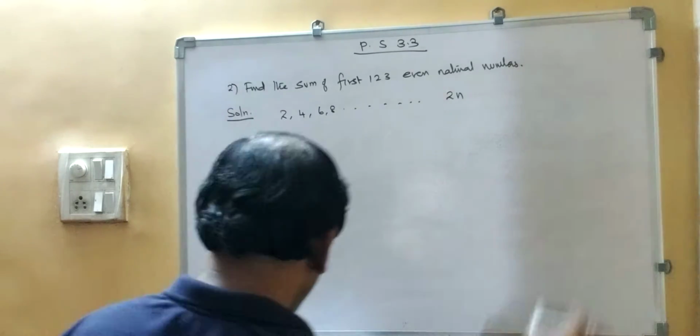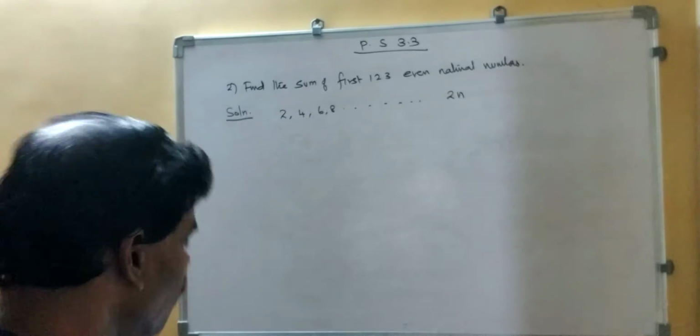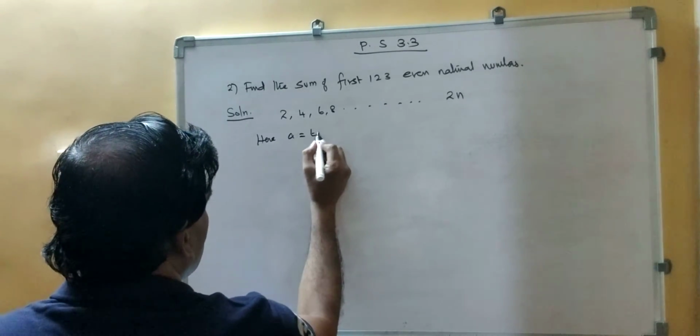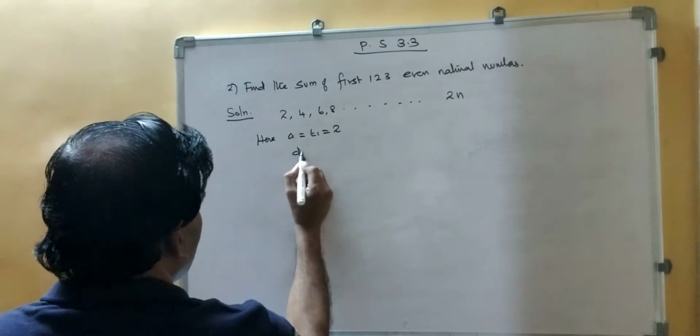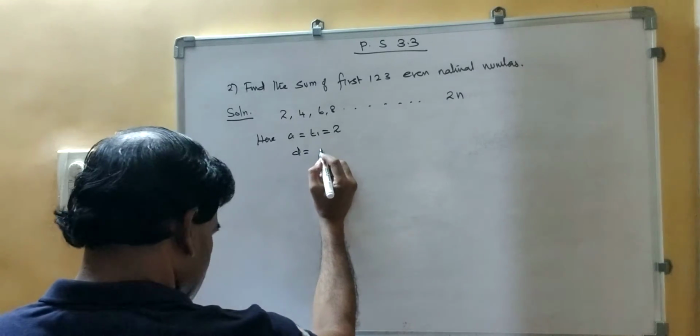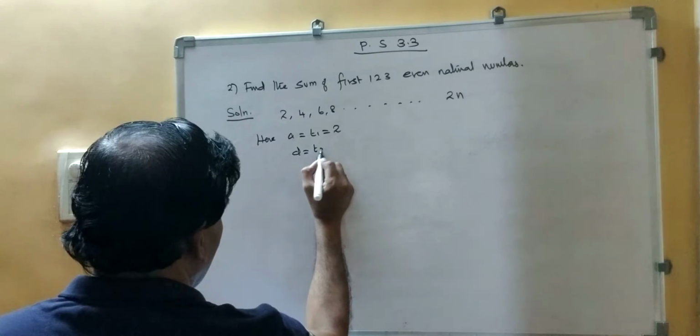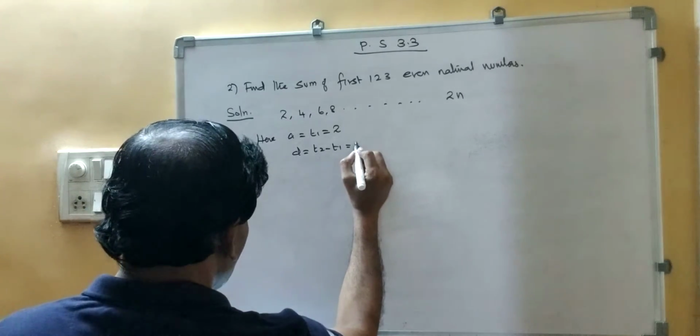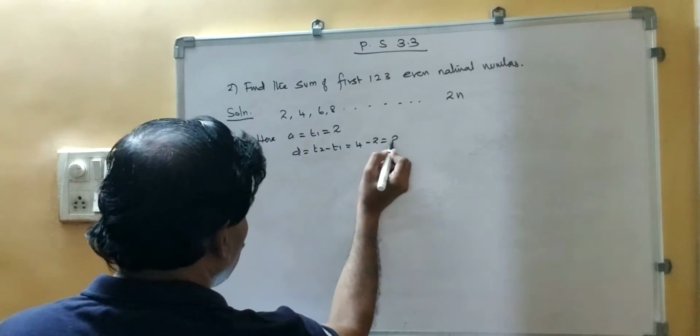Okay. Now listen very carefully. What is a here then? a equal to t1 equal to 2. Now what is d here? d equal to t2 minus t1, which is 4 minus 2 equal to 2.